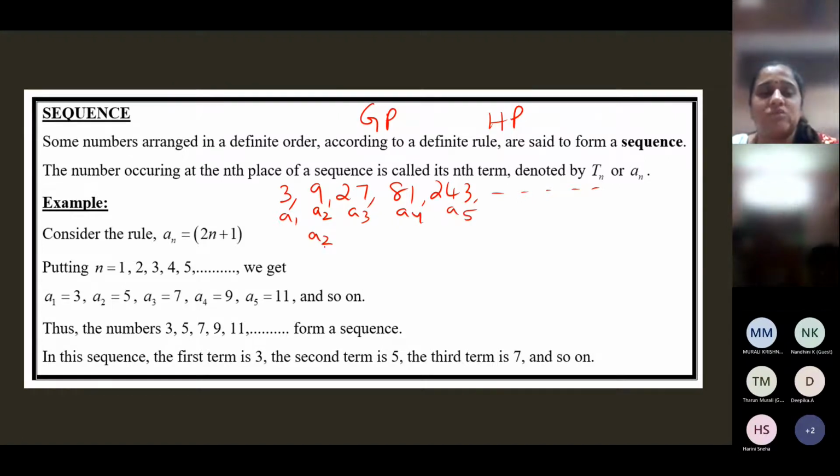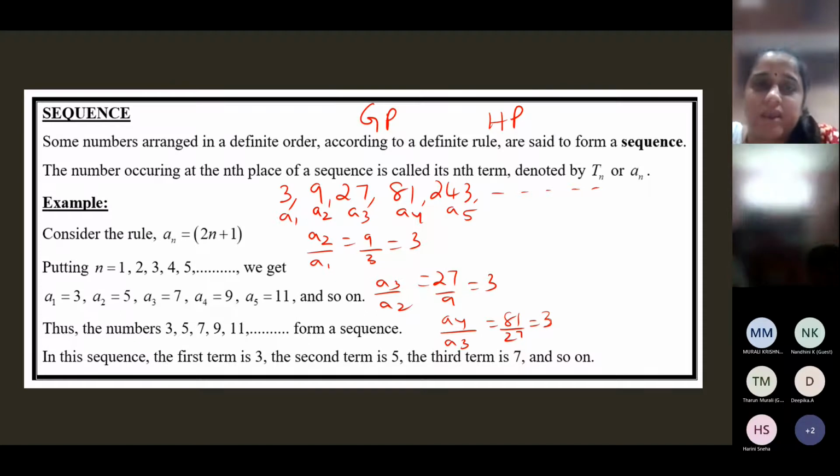A2 by A1 is 9 by 3, which is 3. A3 by A2 is 27 by 9, which is 3. The ratio A4 by A3 is 81 by 27, which is 3. The ratio is the same everywhere, so the ratio is a constant.